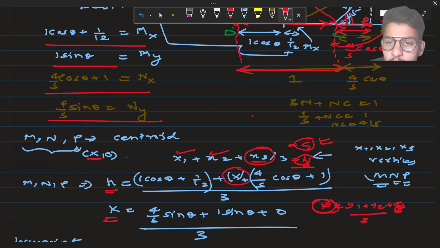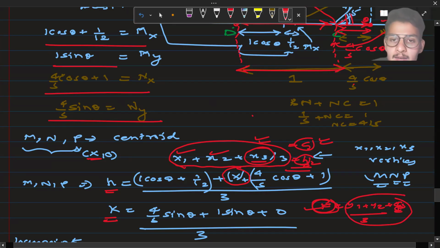Direct h and k values are not given. If direct h and k values were given in the question, then I could directly calculate the x3 in a simple manner. But here direct h and k values are not given. The direct centroid is not given; the centroid equation is given. So I need to find the h, I will receive this one part and this one part, and I will put them into the equation.